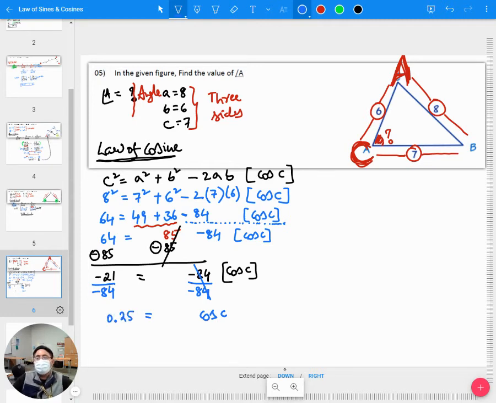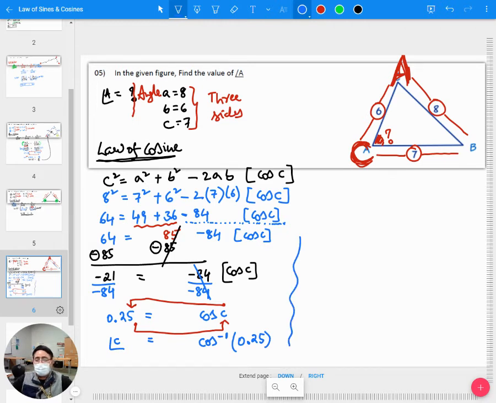Now, how to figure out the angle? Earlier also I mentioned, you may take this cos to the other side as an inverse in order to find the value of the angle. In my previous sections I mentioned how to use inverse trigonometry. So angle C equals cos inverse 0.25.